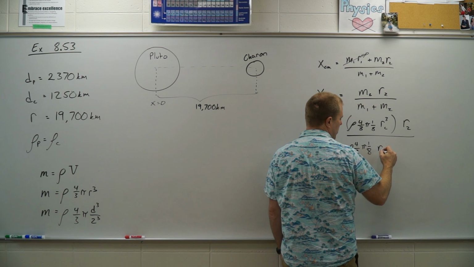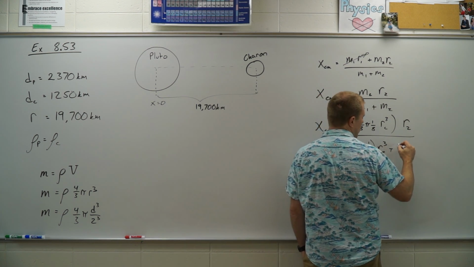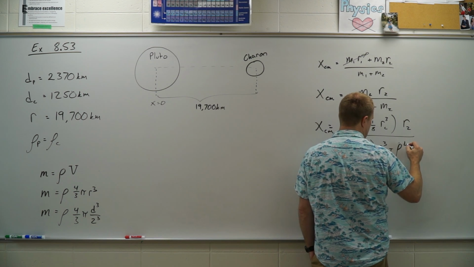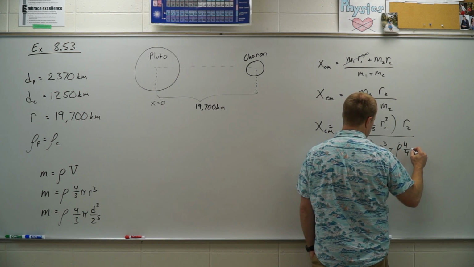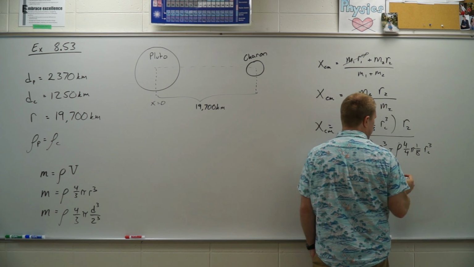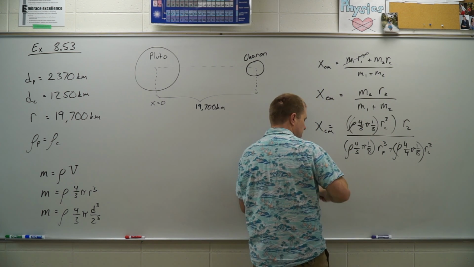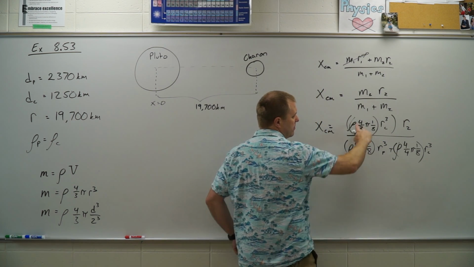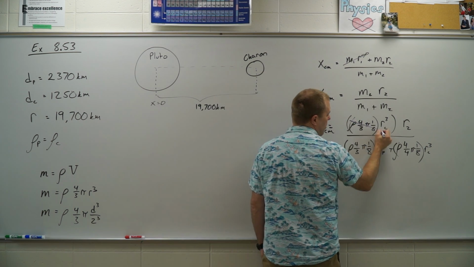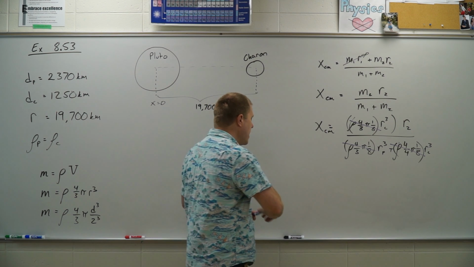M1 was Pluto, so radius of Pluto cubed, plus, you're probably seeing what's going to happen here to all these densities, 4/3 pi's and 1/8, yeah? R cubed of Charon. So I see that this term, this density 4/3 pi times 1/8, is all going to cancel for me.